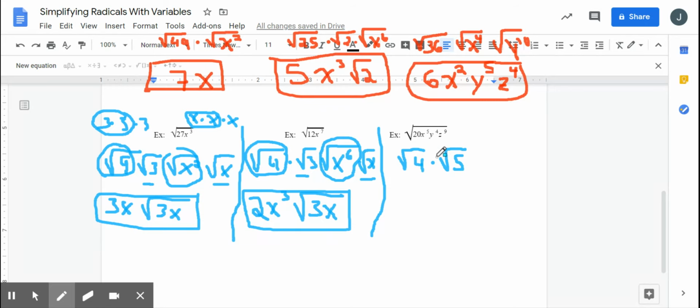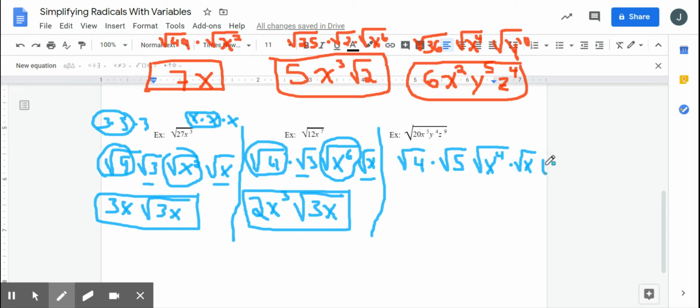Okay, now x to the 5th, I'm going to have to break that up. If it's an odd exponent, it's not a perfect square, but we'll break it up into the largest even possible, times x to the 1st. So x to the 4th times x to the 1st is x to the 5th. This is a perfect square. That piece is not, so it stays underneath.